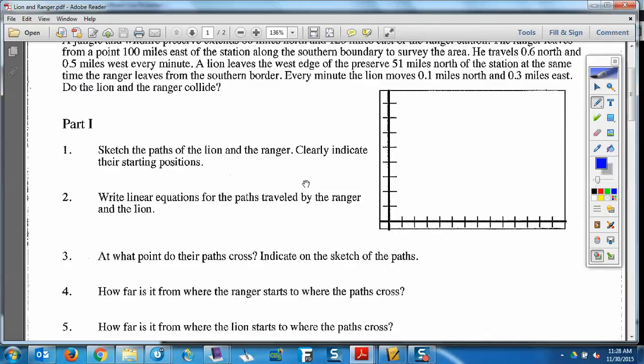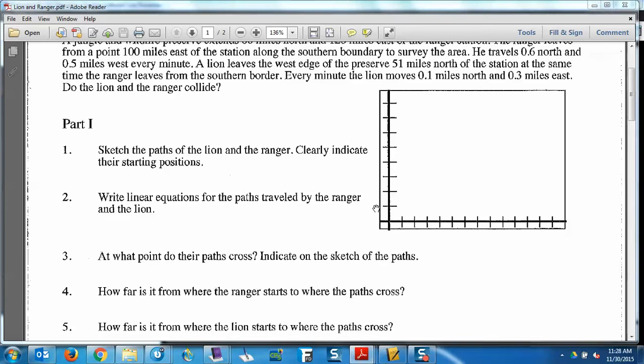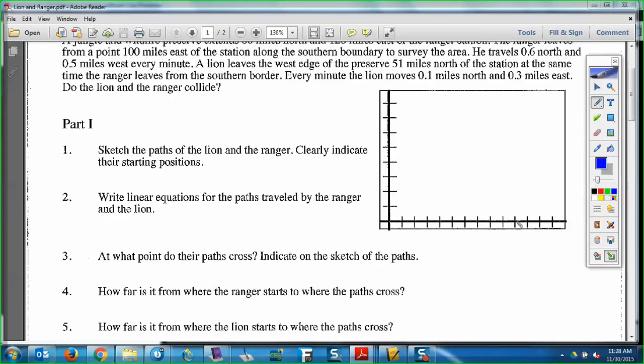So what you had, and I don't want to spend a great deal of time on this, but what you had here, and you guys help me out with your linear equations, this 10, 20, 30, 40, 50, 60, 70, 80, 90, 100, the Ranger started way out here, right? And the Lion, he started at what, 51 miles north? So right there.